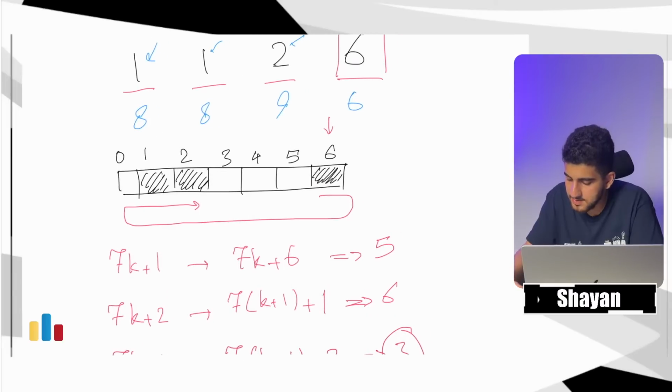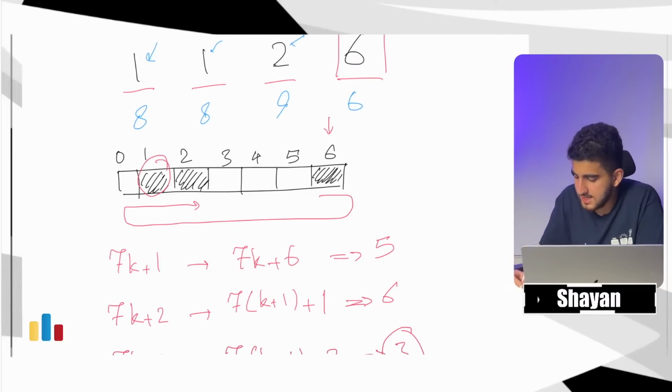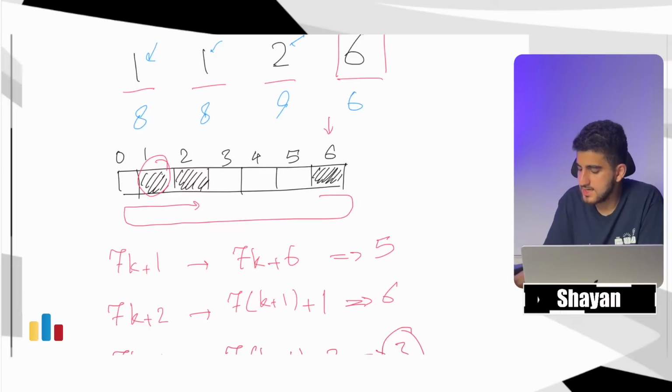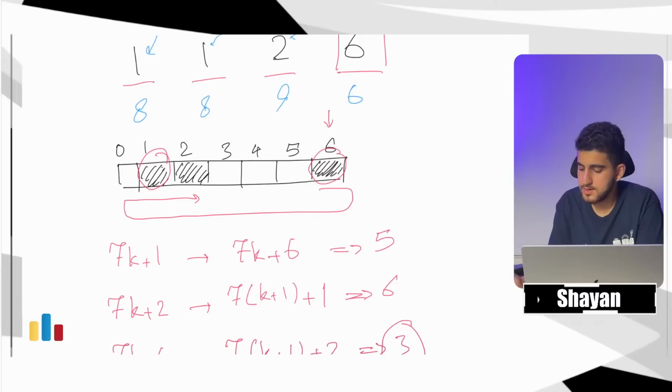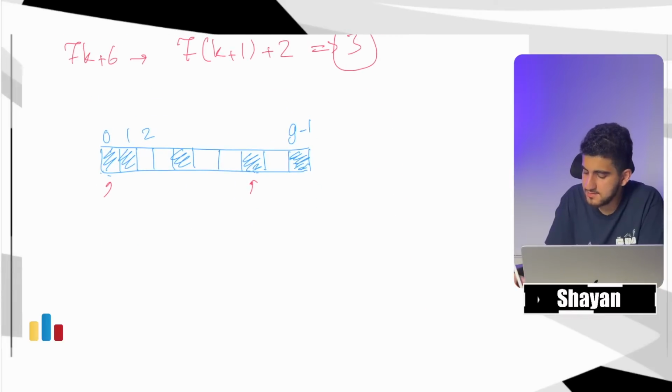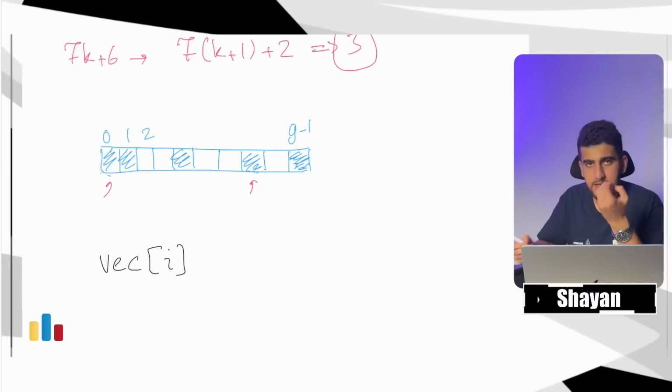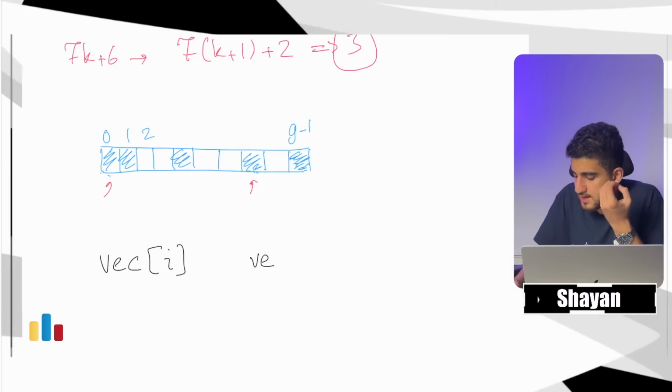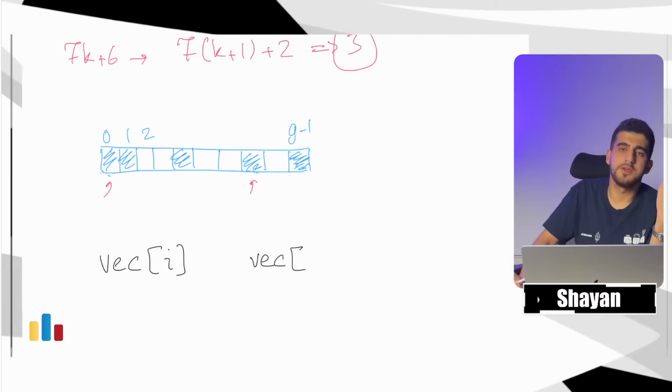For example, when 1 was the minimum, in the counterclockwise order, the next one to it is 6. So this 6 is going to be the maximum. If 2 is your minimum, your maximum is going to be 1. If 6 is your minimum, your maximum is going to be 2. So it's like if you have them in a vector, if vec of i is going to be your minimum, vec of i minus 1 is going to be your maximum.